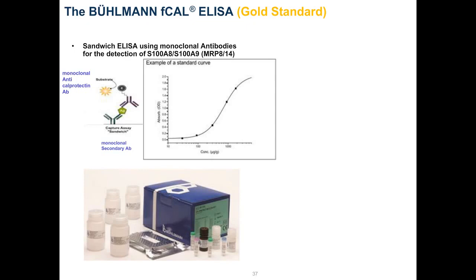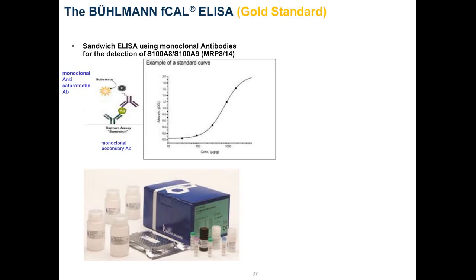Again, I think one of the advantages is that we use a native protein in our assay, and a monoclonal antibody recognizing a combined epitope of a native protein. You can see we have a very good standard curve from 30 to 1800, and it's more or less a straight line in the important range from 100 to 1800.